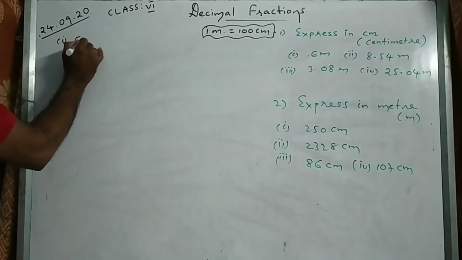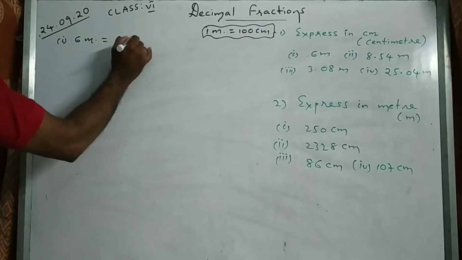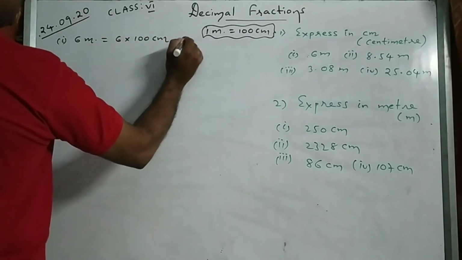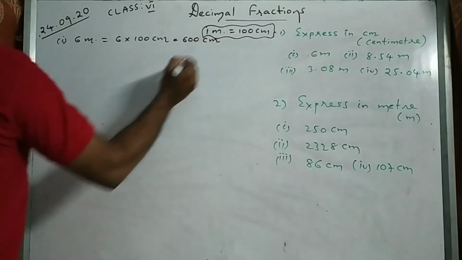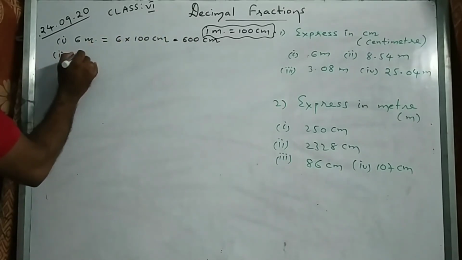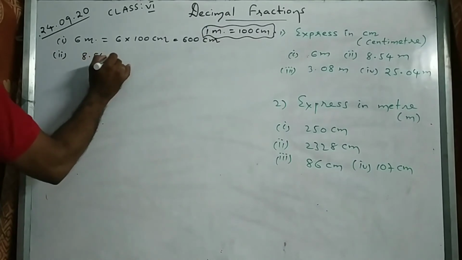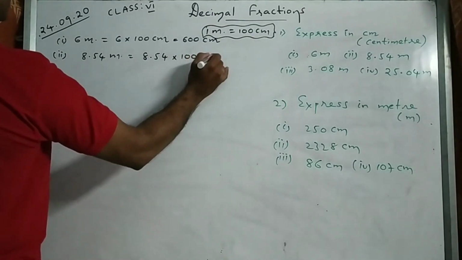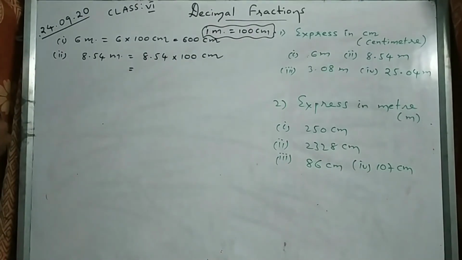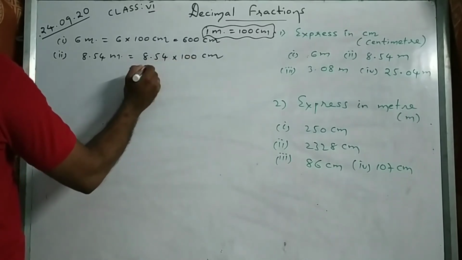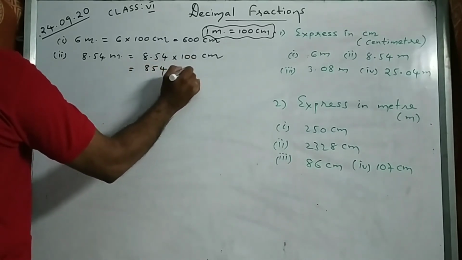First question is 6 meters. How do we change meters into centimeters? Multiply with 100. So 6 into 100, 600 centimeters. Similarly 8.54 meters means 8.54 into 100 centimeters. To change meters into centimeters, you have to multiply with 100. So the point will be gone here. We have 2 zeros, 2 digits. So 854 centimeters.